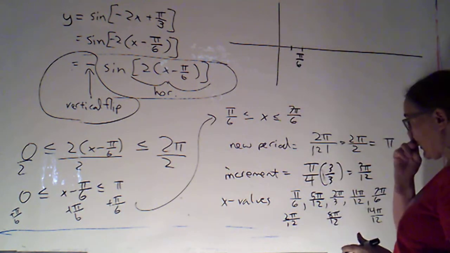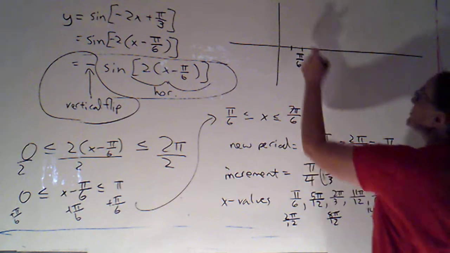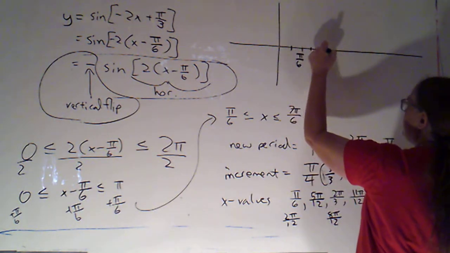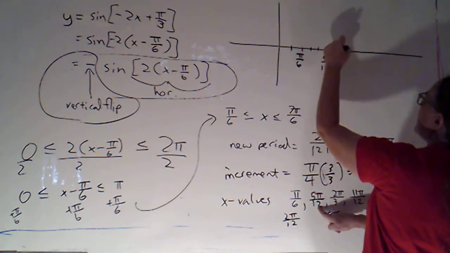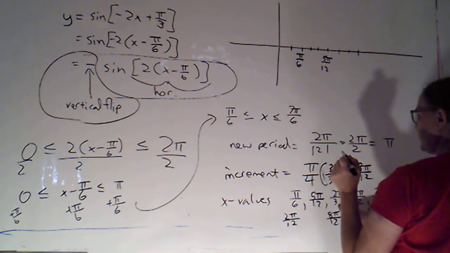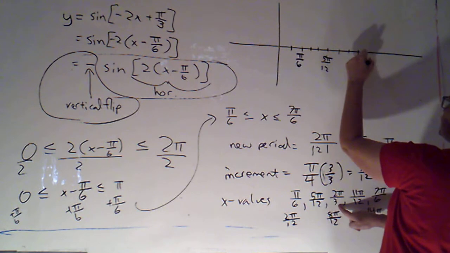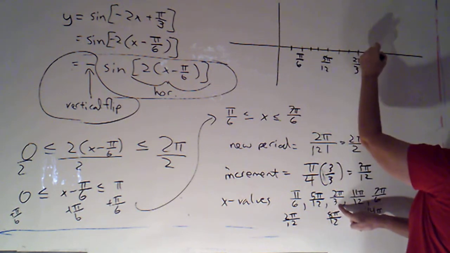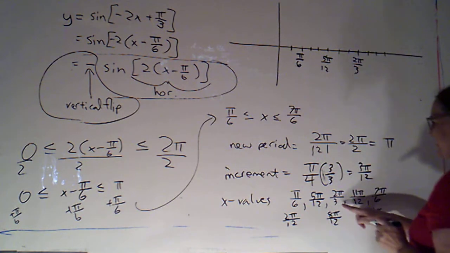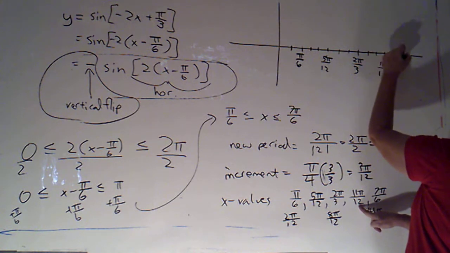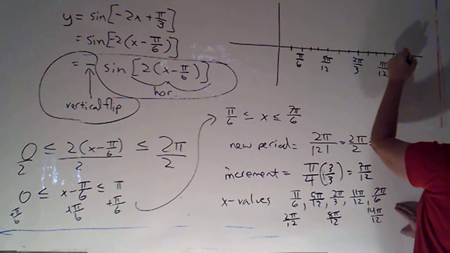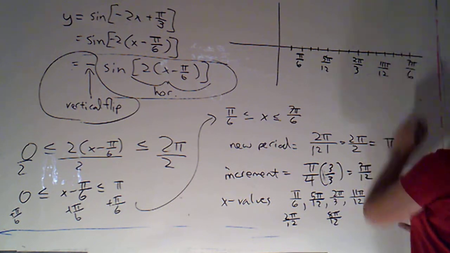And then my increment was 3 pi over 12. So 1, 2, 3 of those takes me to my next x value of 5 pi over 12. 1, 2, 3 more takes me to my next one, which reduced to 2 pi over 3. 1, 2, 3 more pi over 12 takes me to 11 pi over 12. And 1, 2, 3 more takes me to my end point of 7 pi over 6.